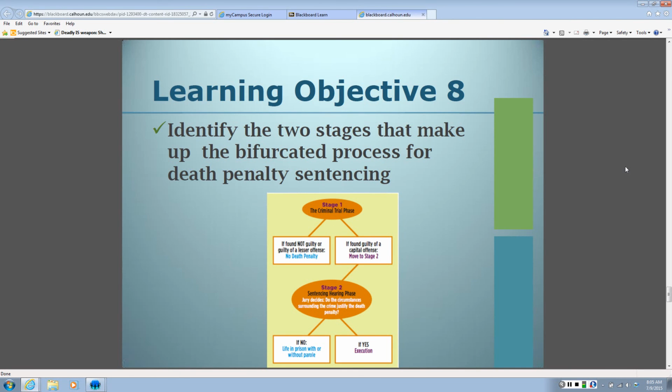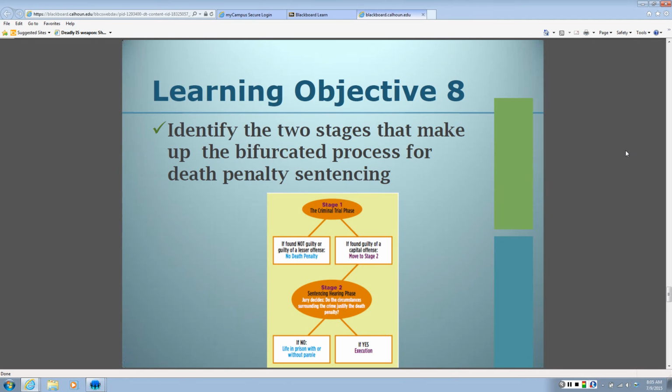All right, and I did tell you that it's a bifurcated process between conviction and sentencing. Typically, it's two separate proceedings. You'll have the fact-finding stage, which is the criminal trial, and this really has to do with the death penalty. If the defendant's not found guilty, or is guilty of a lesser offense, then of course the death penalty is not going to be applied.